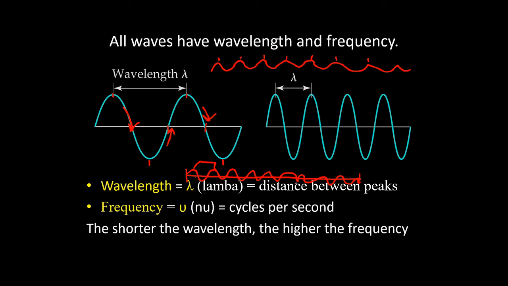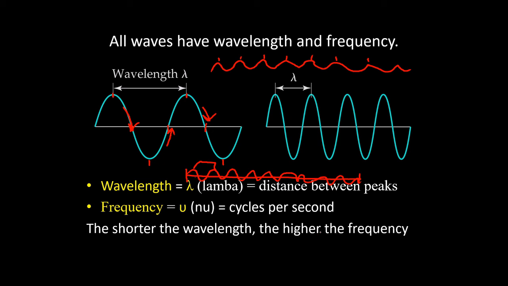I know when I was drawing it, I went slower, because I can't draw it that quickly. But the light is going to travel that distance in the same period of time, in 1 second. And it's not going to go through just one of its cycles. It's going to go through 1, 2, 3, 4, 5, 6, 7, 8, 9 cycles in that second. And so the frequency is higher with smaller wavelengths.